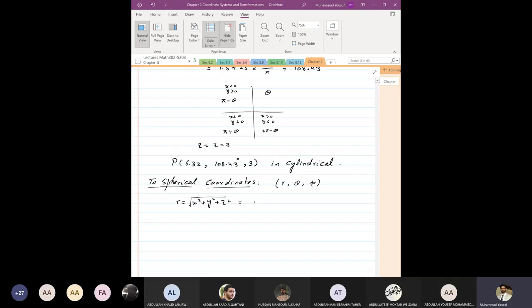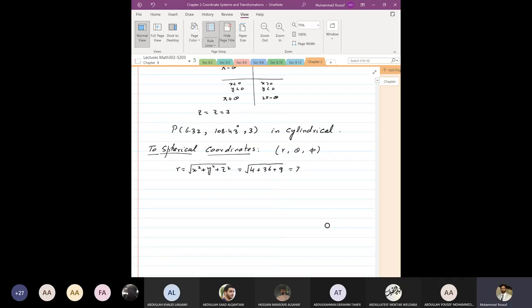So it is 4 plus 36 plus 9 and the square root, and you see it is 7, so we don't need to use a calculator here. Then we have theta.